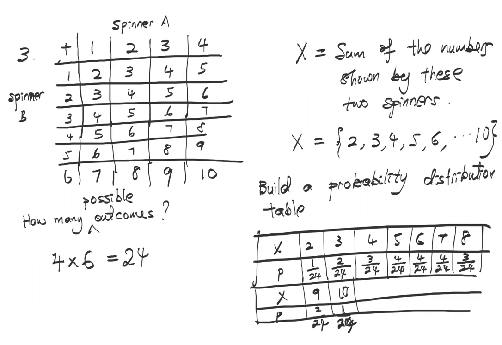So explain why X is a discrete variable, because it is the sum of discrete numbers. Okay, state the possible values of X, we have done that. And we do an extra step. Can you count the expected outcome? What is the expected value for X?